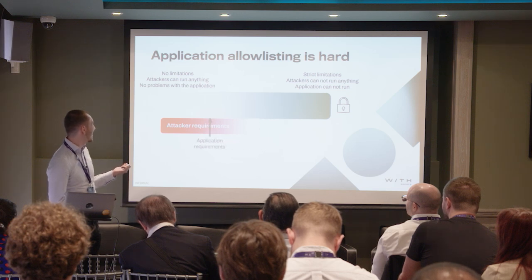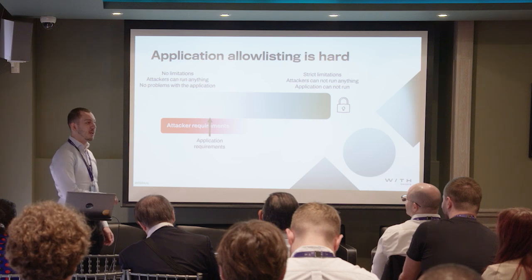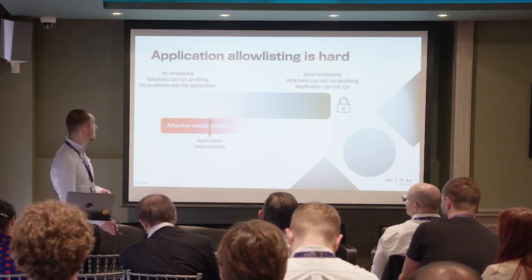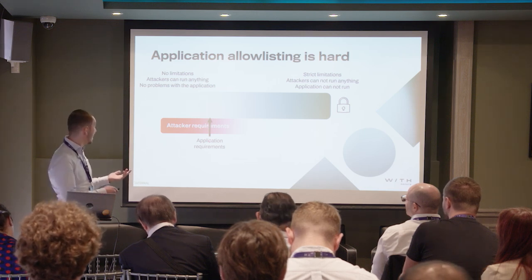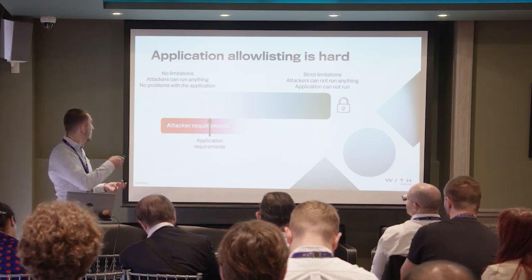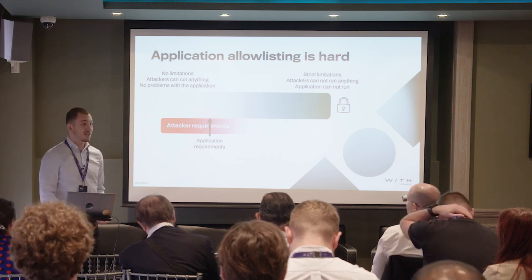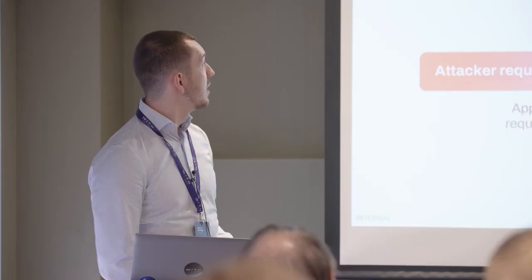Well, in that case, it is pretty far out there, and there is no line where we can draw it which could stop the attacker from doing the same and succeeding, and the application still running, right? So as the application has to run, it has to be somewhere in here. If we want to stop attackers, it would need to be there. So that's one significant challenge that just echoes through all of this.